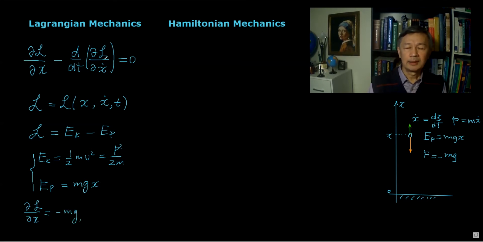Okay, and then we consider the other partial derivative, namely the partial derivative of the Lagrangian with respect to x dot, which is velocity. Okay, so if you use this form here, we know that velocity is exactly equal to the first derivative of the coordinate.